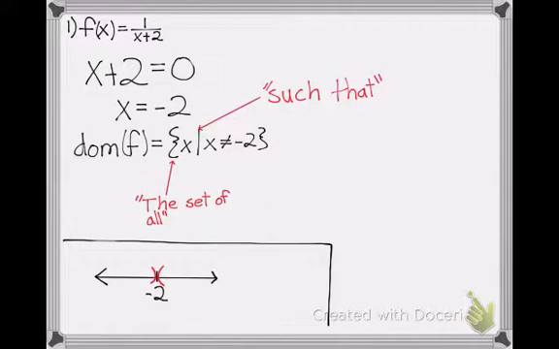So I'm going to go back here and I'm going to shade in all of the values to the left of -2 and all of the values to the right of -2. And now, in order to come up with my interval notation, I'm going to start from the left-hand side of this number line and move towards the right-hand side. You'll notice that everything to the left of -2 is shaded in.